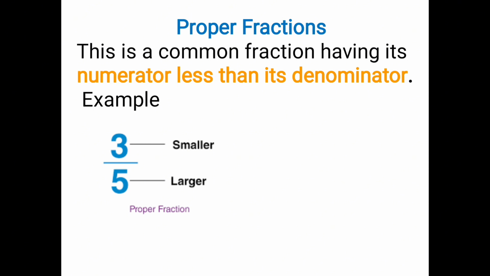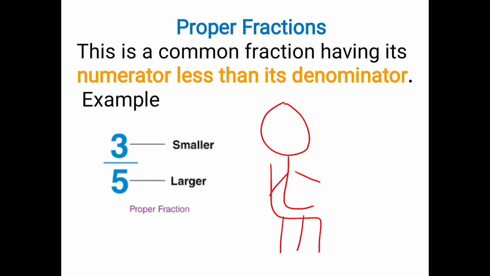So now let's talk about the types of fraction that we have. We talk about proper fraction. When I say proper fraction, it's just simply saying that you as a student are seated on a chair and then you carried your book on your lap.